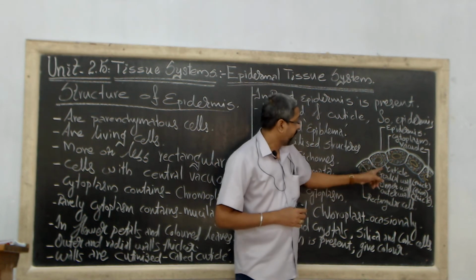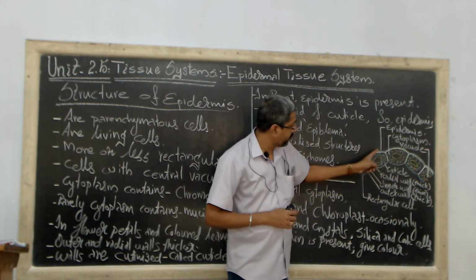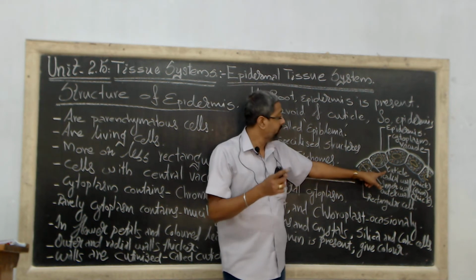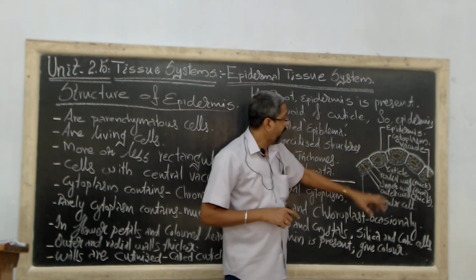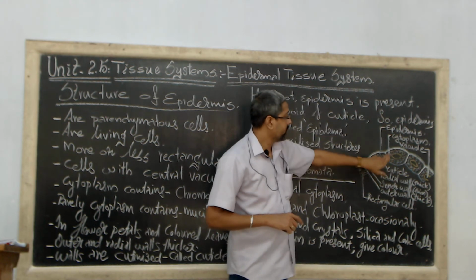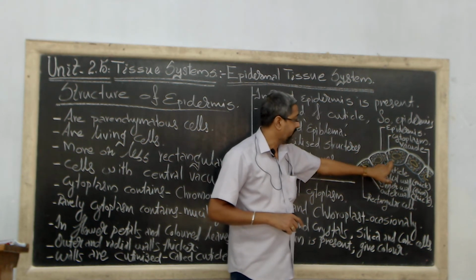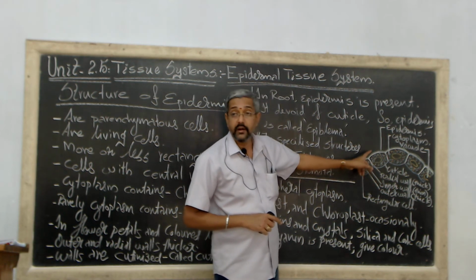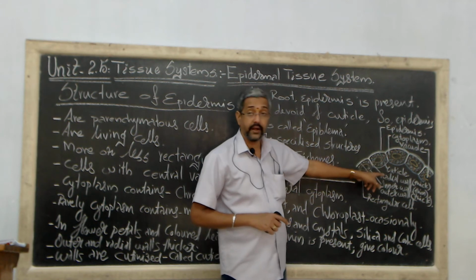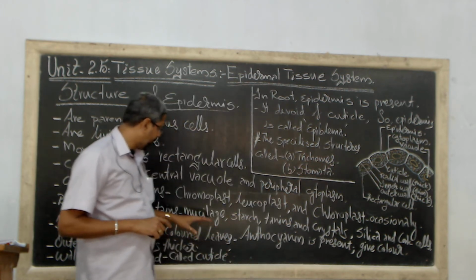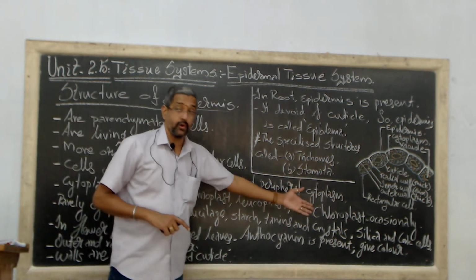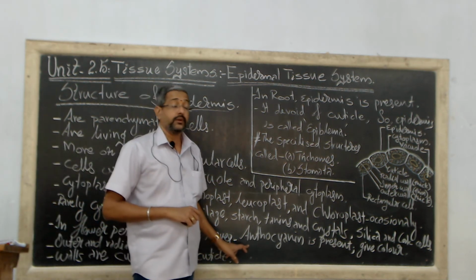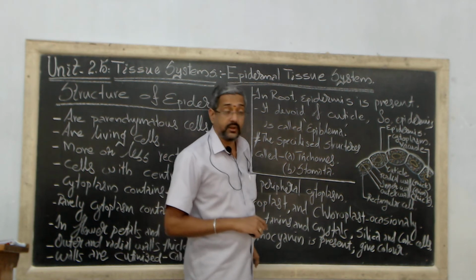Okay, so you can observe that the outer layer of the epidermal cells is deposited with waxy substance which is called a cuticle, and here the epidermis consists of peripheral cytoplasm, and you can see the color differentiation, that is, the cytoplasm contains chromoplast, leucoplast or chloroplast also, or even anthocyanins in colored epidermal cells.